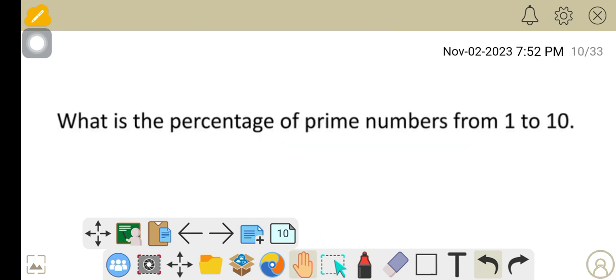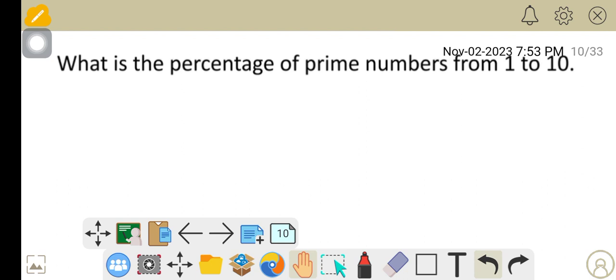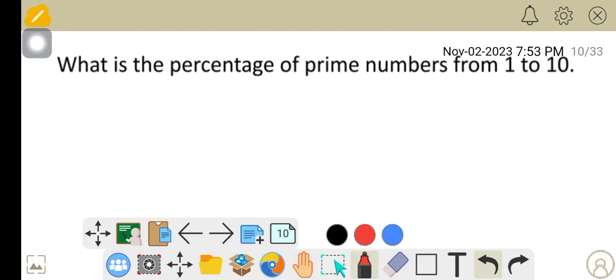Next question. What is the percent of prime numbers from 1 to 10? We already know the prime numbers. The prime numbers from 1 to 10 are 2, 3, 5, 7. Only these numbers are prime numbers from 1 to 10. But we also know the total count of numbers from 1 to 10 is 10 numbers. So we have a total of 4 prime numbers out of 10.